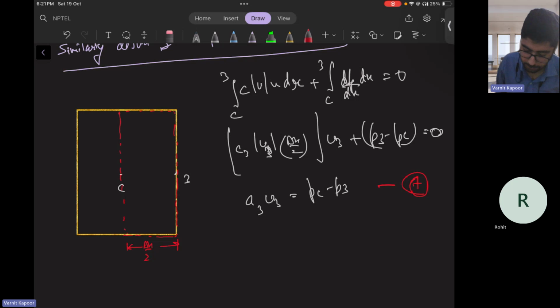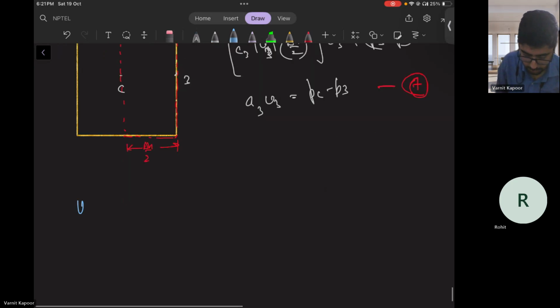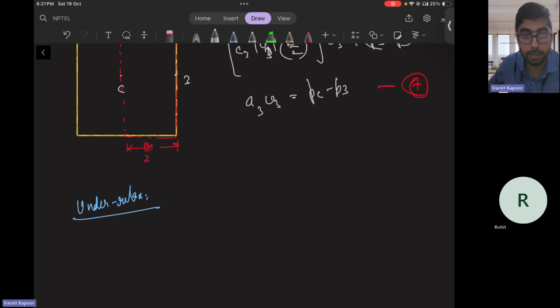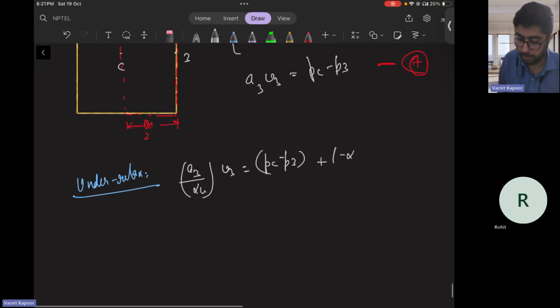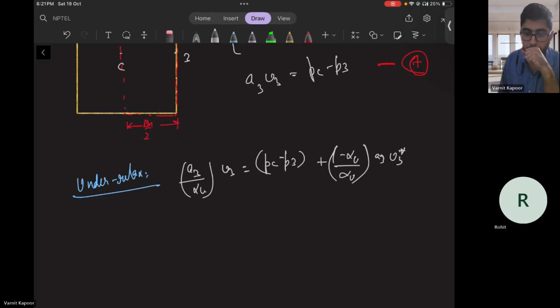Under relax it. So what will you get after under relaxation? So A3 over alpha U, U3 is equal to PC minus P3 plus 1 minus alpha U upon alpha U A3 U3 star.